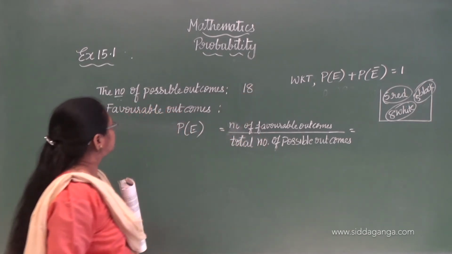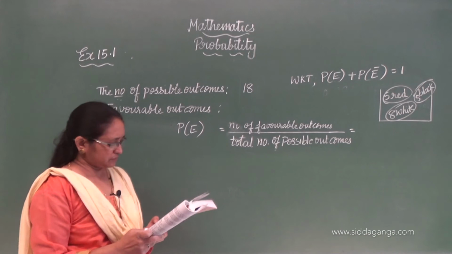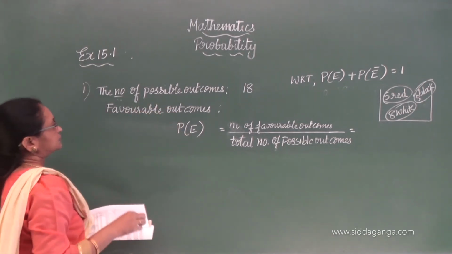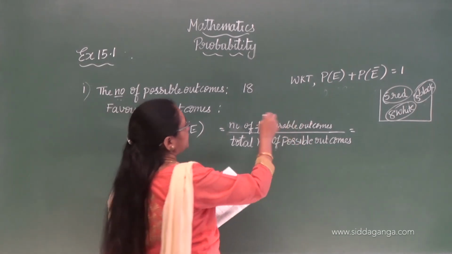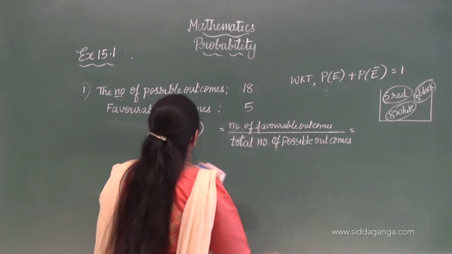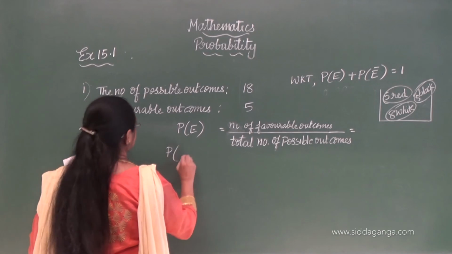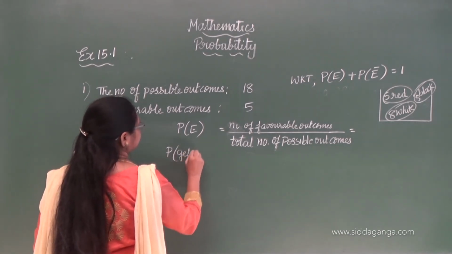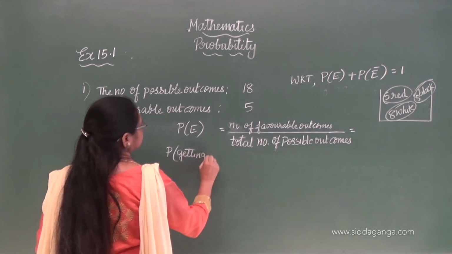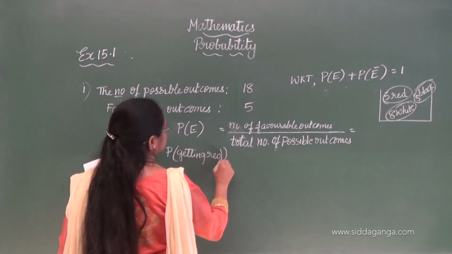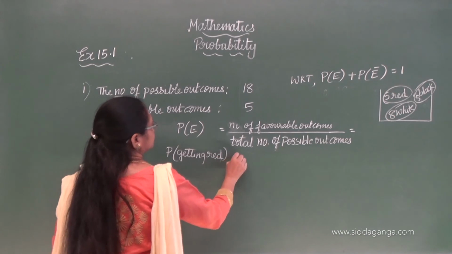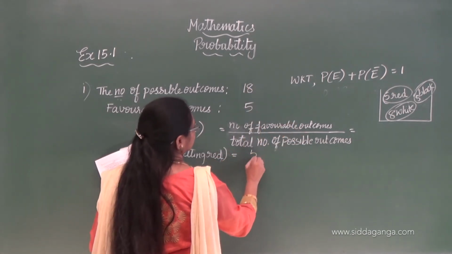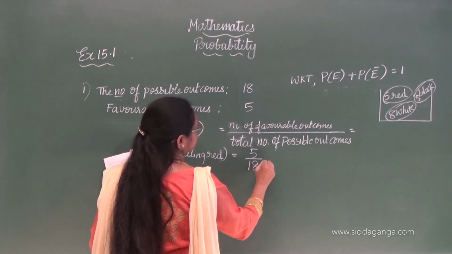Then favorable outcome, see first one is red. They have asked for red, how many? 5. So what is the probability of getting red? Favorable outcome is 5 divided by 18.